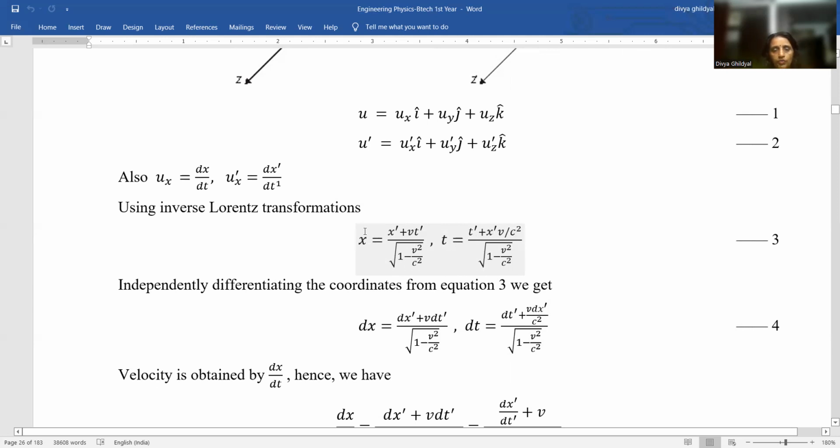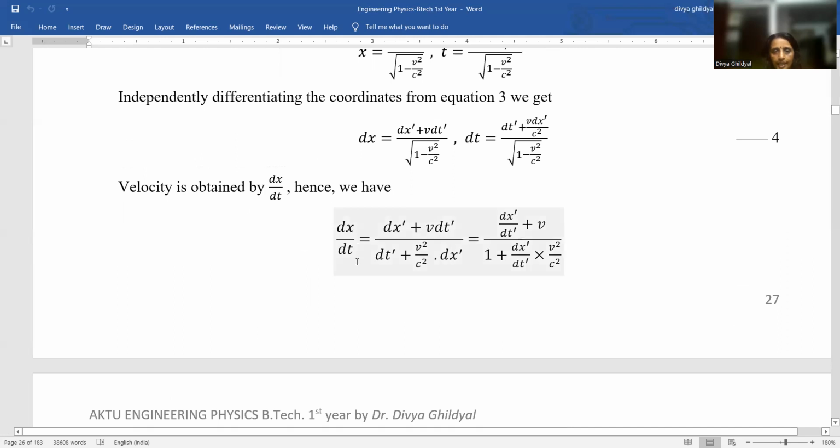What we will do is differentiate this x value and this t value independently, and then divide them to get the value of velocity, dx by dt. Here we divide and we get this expression.